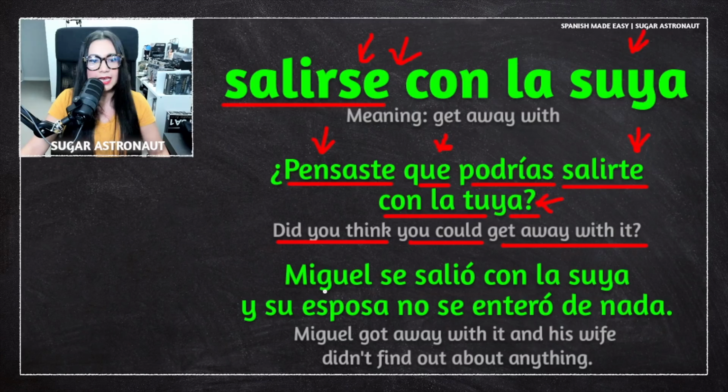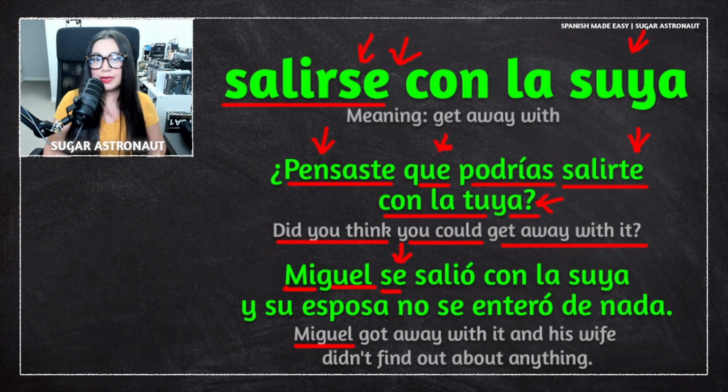Okay. Miguel means Miguel or Michael in English. It's a similar name. Se, we have the reflexive pronoun se. Se salió. Remember, reflexive pronouns can go before the verb, and sometimes they can go attached to the verb, like we have up here, salirte.